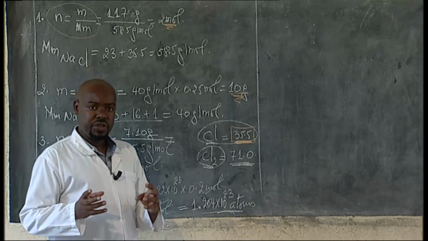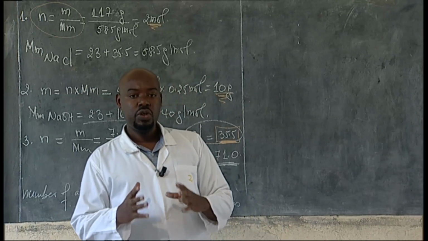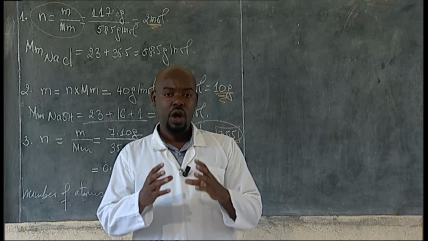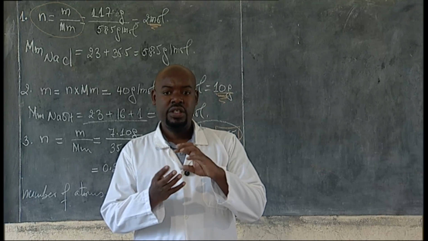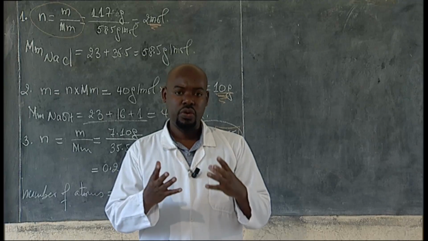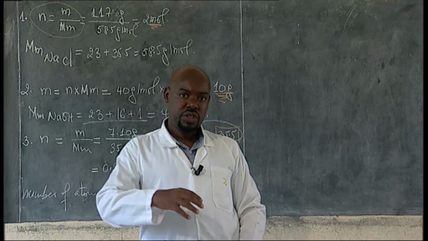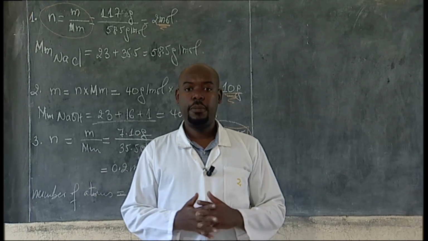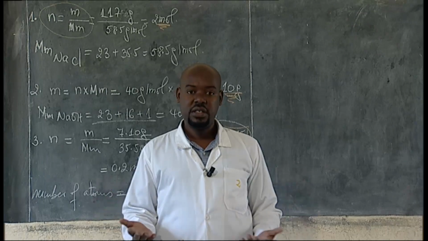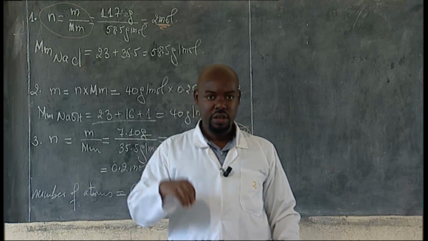So some questions may be direct, while others may be indirect. So you should always be able to come up with the decision or the conclusion, whether your question is direct or indirect. If the question is direct, you can just substitute the values in the formula.